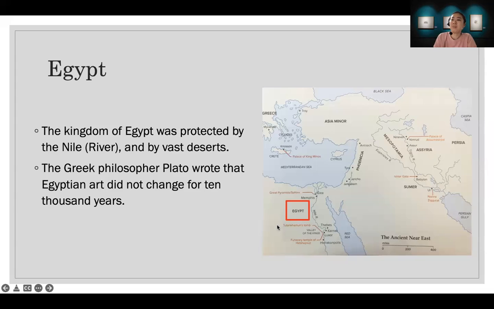Egypt, during much of its long history, was separated from the waves of immigration and invasion that continually transformed Mesopotamia. The Greek philosopher Plato wrote that Egyptian art did not change for 10,000 years.